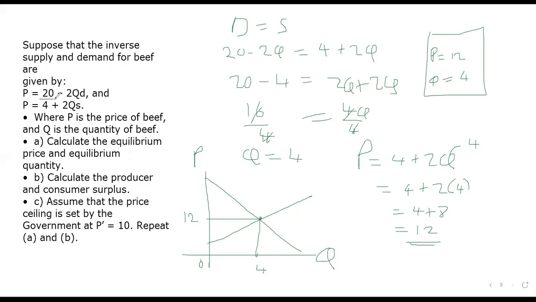The constant is 20. And what is the constant for the supply? 4. Which one is the consumer surplus, and which one is the producer surplus? Between 12 and 20 is the consumer surplus. Consumer surplus is here, and the producer surplus is there.